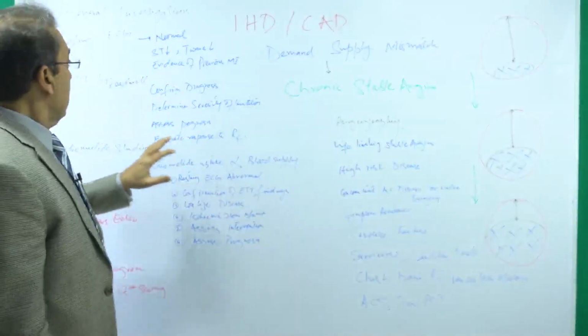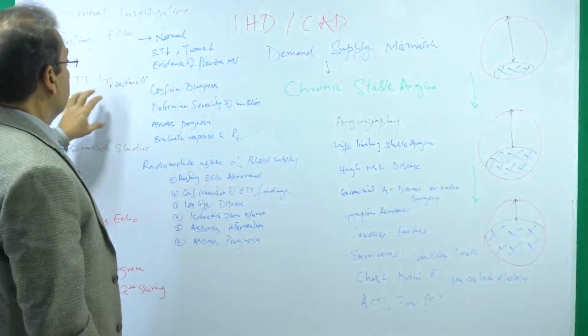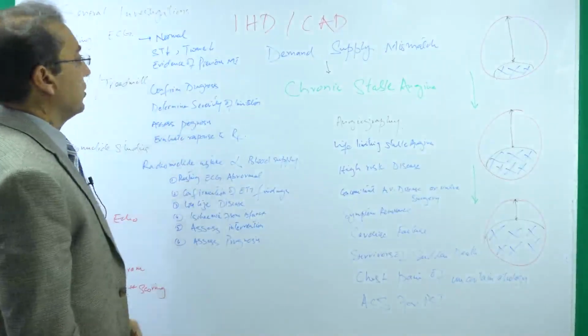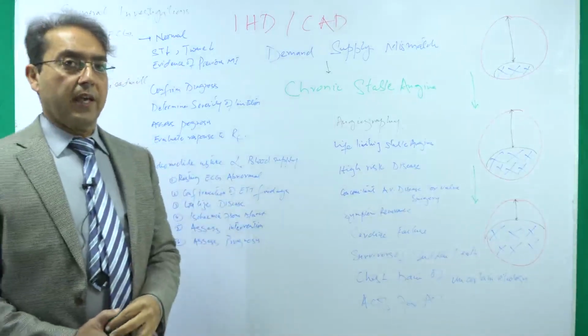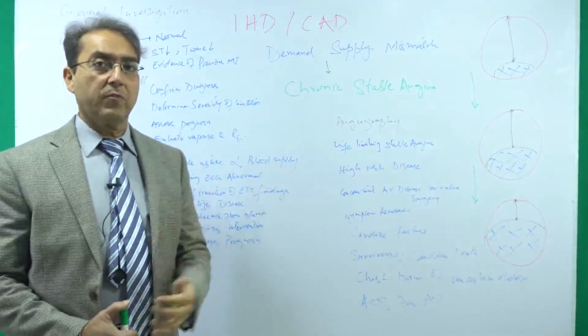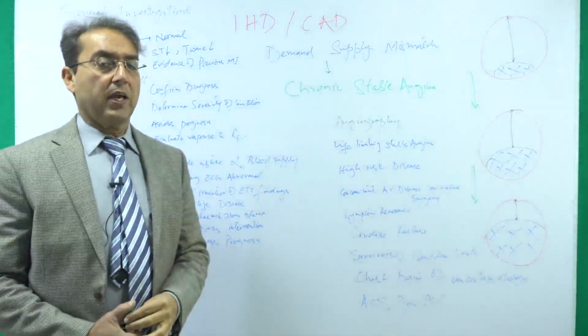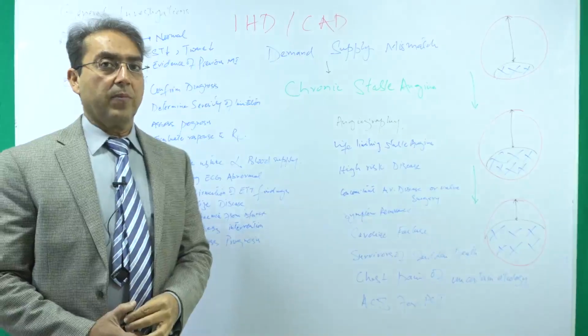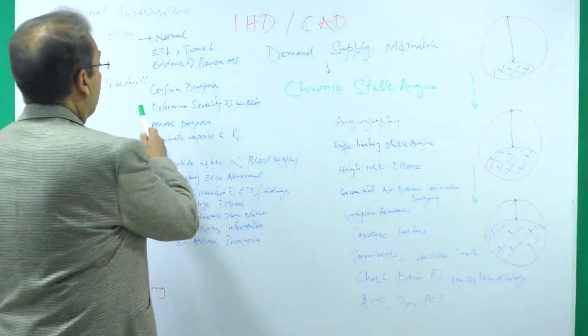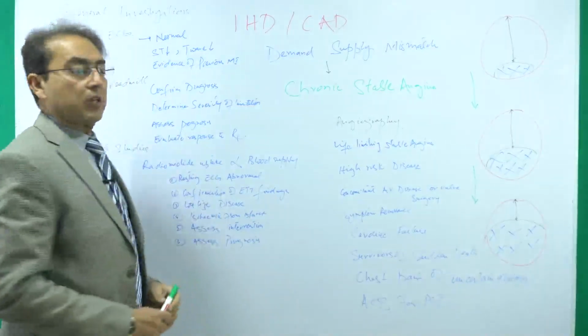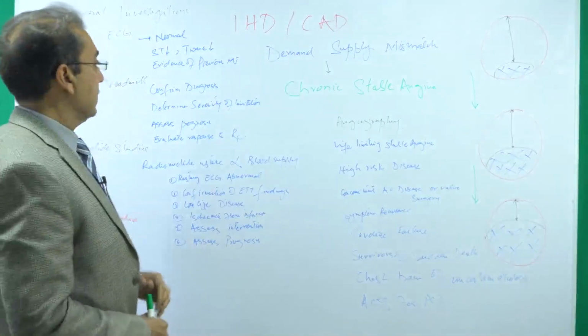And a more important test is the exercise tolerance or treadmill testing, where we put the patient on graded exercise and see what the response is, and during that we monitor the patient's ECG and see if there is a change in the ECG. So we usually follow a treadmill for this exercise tolerance testing.